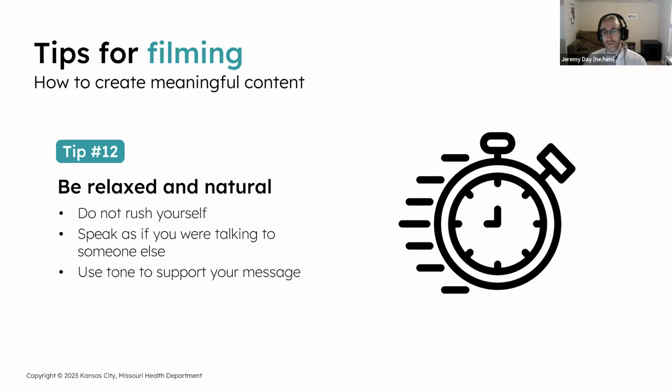So if you can, try to just talk like you are talking to another person. If you need, I think having someone behind the camera, just so that you can talk to them, or actually have that experience for yourself if it'll help make you more comfortable. That is a great option.